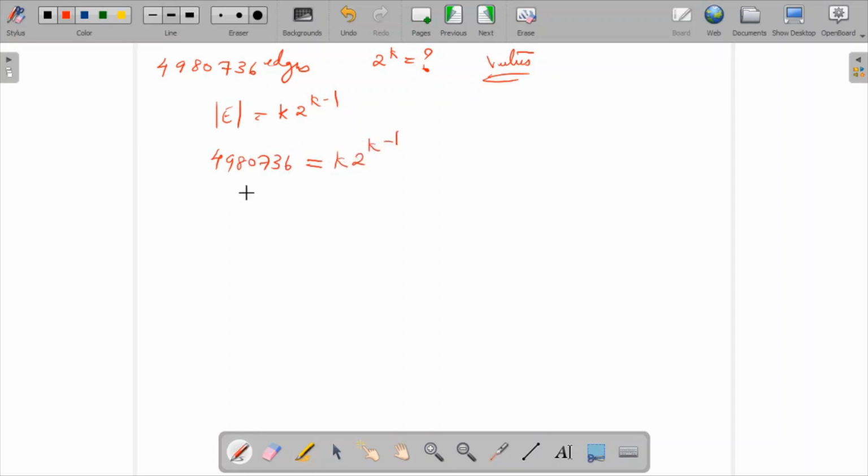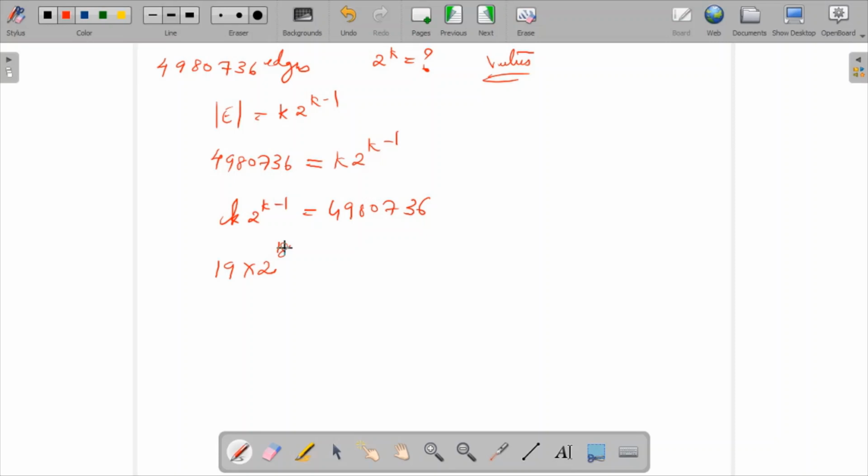Now try to resolve in the same way. You know that K into 2 to the power K minus 1 is 4980736. Try to find this number in terms of 2 to the power something. Check how 2 to the power something will give you that particular term. If you check, it would be 19 into 2 to the power 18.